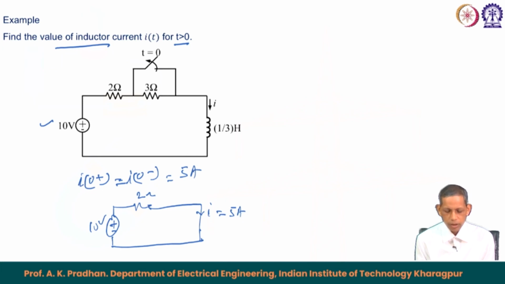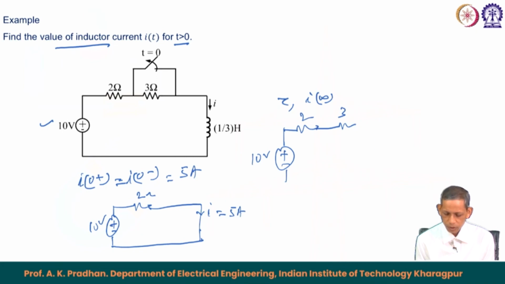Now, in the second case when this corresponding switch is open, it means that now the corresponding circuit for tau and the corresponding I infinity becomes like this: 10 volt, 2 ohm and this 3 ohm, and this is again a short, since we are talking about I infinity.